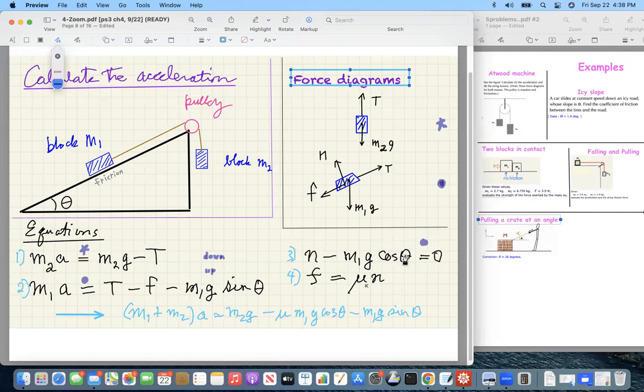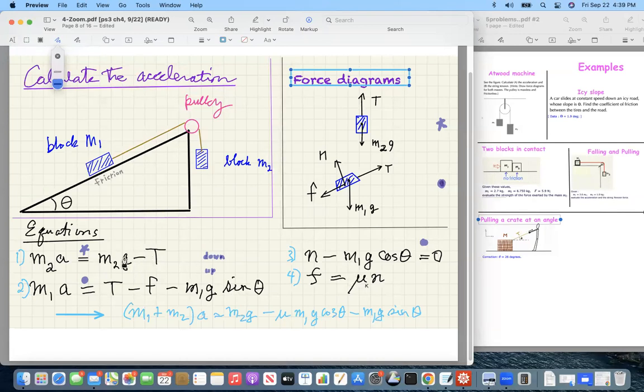So N minus M1G cosine theta will be 0. And there's a relation between F and N. F is the coefficient of kinetic friction times N.